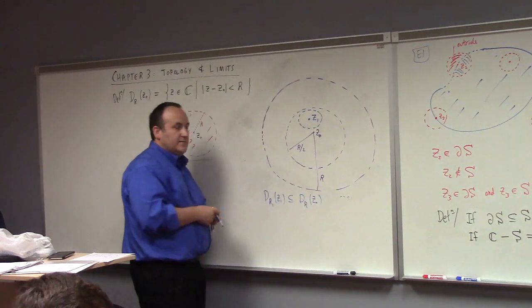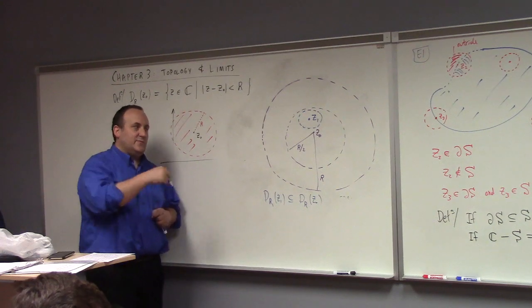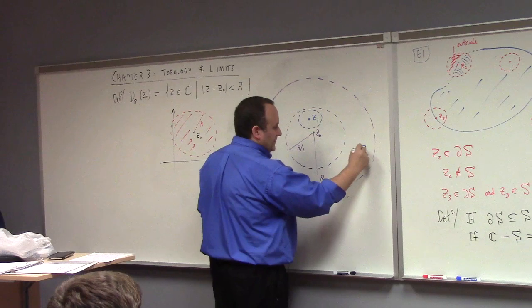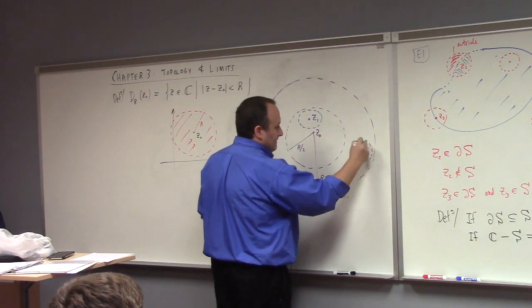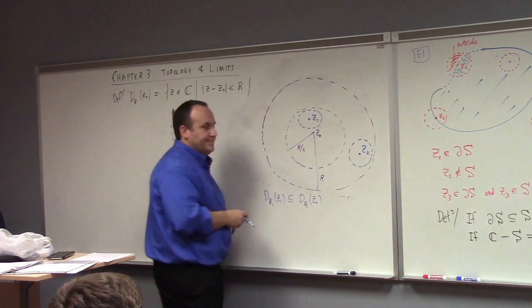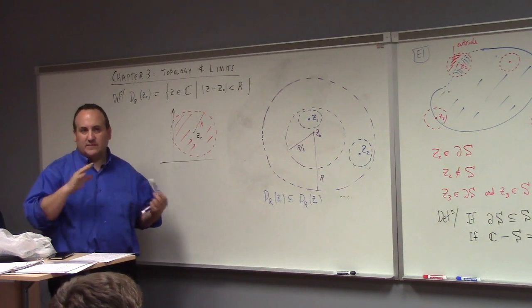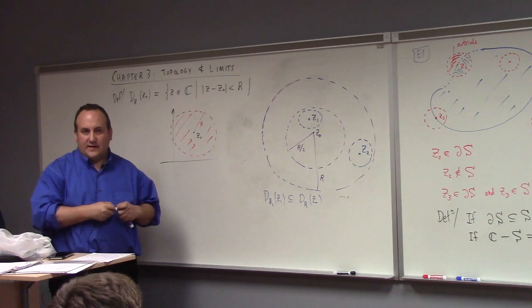You're going to have to look at that. But the radius you're going to want to use there is going to be different than the radius you're going to want to use for a point out here, like let's say Z2. I believe, if I remember the proof correctly, you kind of need to think about these two different cases.